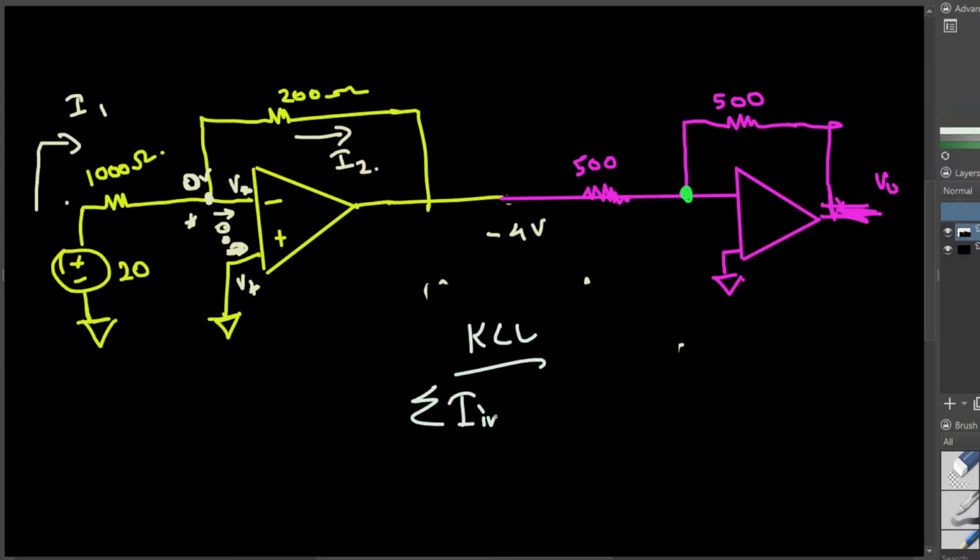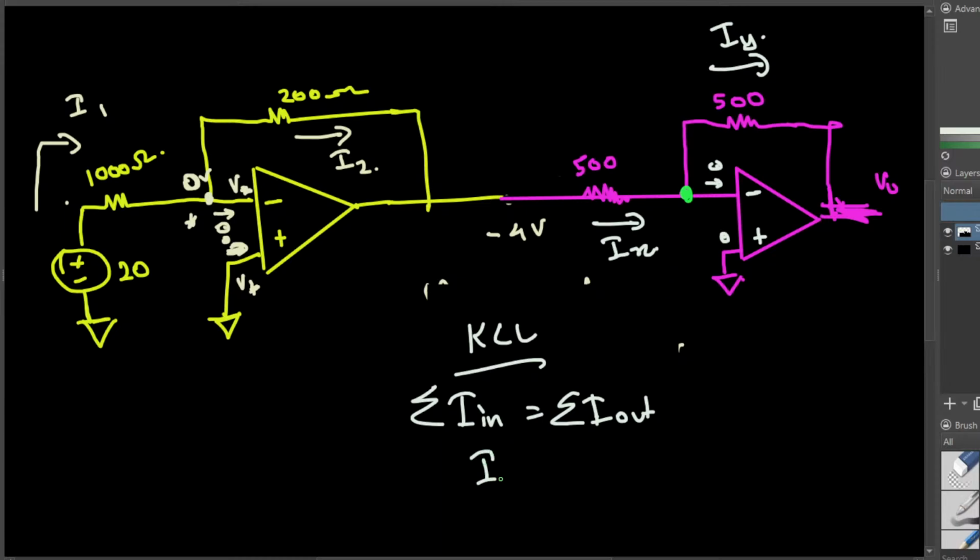Let's call the current going through this Ix, and the current going through this Iy. Then Ix must be equal to Iy because there's no current flow inside or outside of the terminals of the op-amp. The currents through these are 0, so Ix must be equal to Iy because that's the only output we have from this node according to KCL.